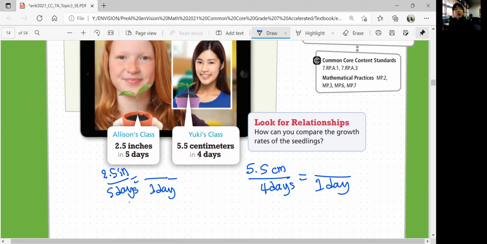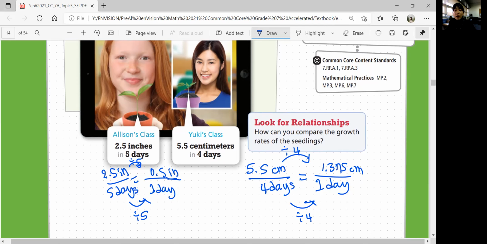In order to have 5 become 1, you're dividing by 5, right? So you're dividing 2.5 by 5, and here you're dividing 5.5 by 4. So for Allison's plant, you have 0.5 inches per day. Yuki's class has 1.375 centimeters per day.